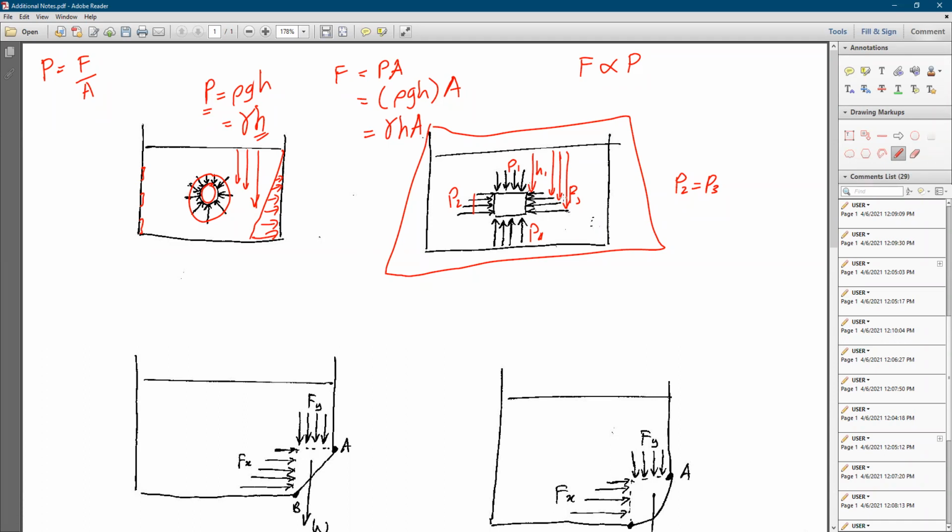One thing you must remember is that P2 at any point, here or down here, is always higher than P1, because the location of P1 is above the point of this and this one.